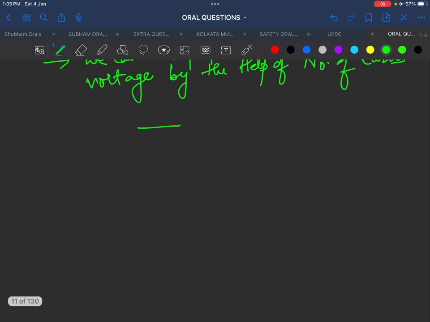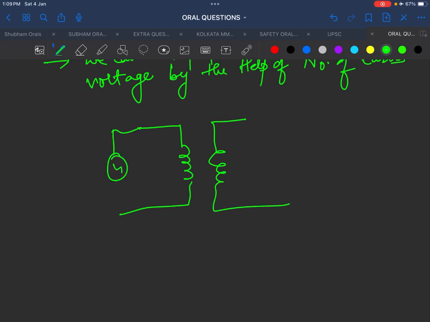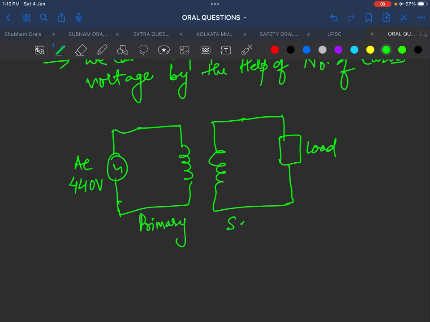Let me show you this transformer. Here is the primary source, an AC source, suppose 440 volts, and here a load is connected. Some circuit is connected with the transformer where we take the output from the secondary. This is the primary and this is the secondary of the transformer.